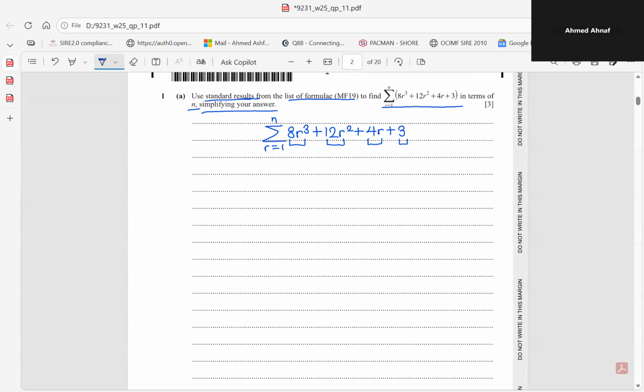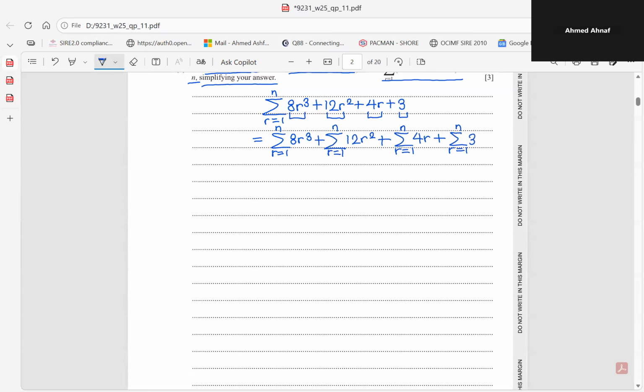Okay, let me do it one by one. You would get the summation of 8r cubed, plus the summation r equals 1 to n of 12r squared, plus the summation r equals 1 to n of 4r, plus the summation of r equals 1 to n of 3.